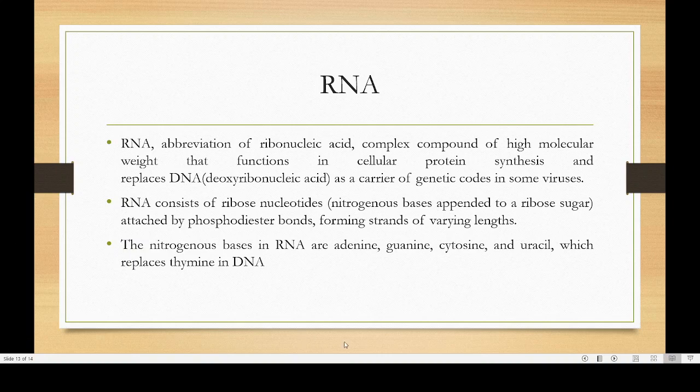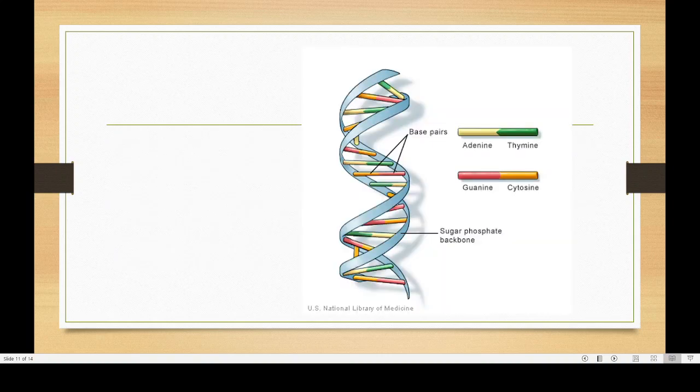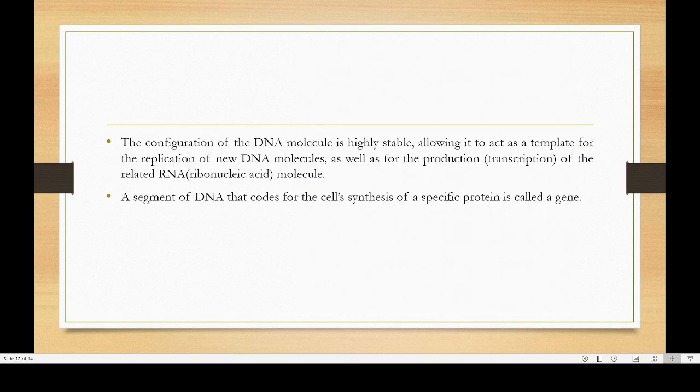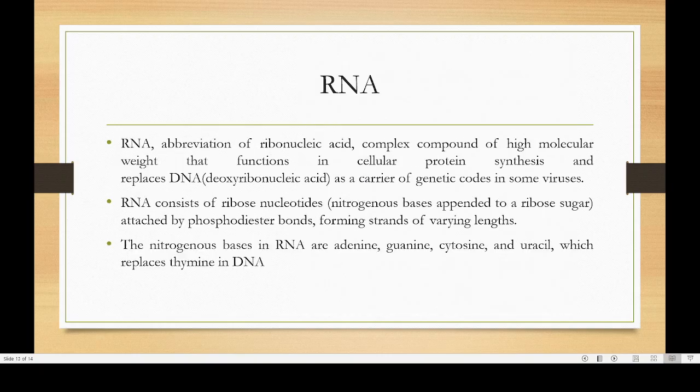Then RNA consists of a ribose sugar, a phosphate bond and 4 nitrogen bases. Just like the DNA, here you can see, there will be 4 nitrogen bases. Instead of deoxyribose we are finding ribose sugar. And there is also one major difference. Here the nitrogen bases are adenine, guanine, cytosine and uracil.